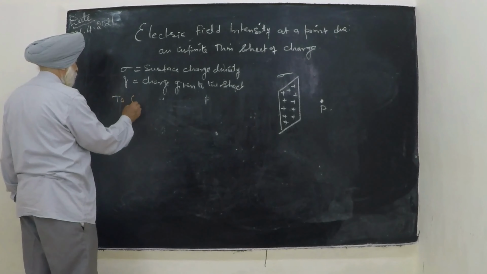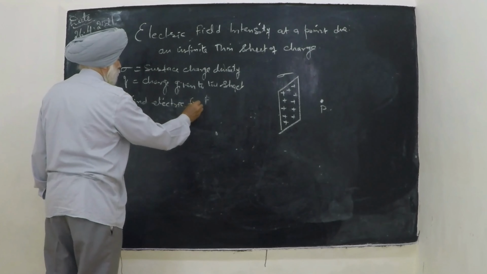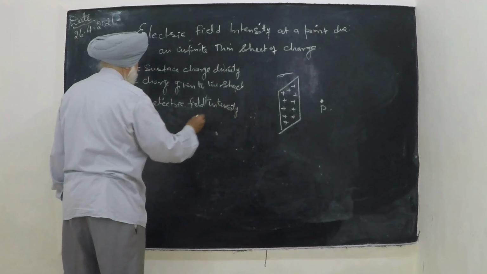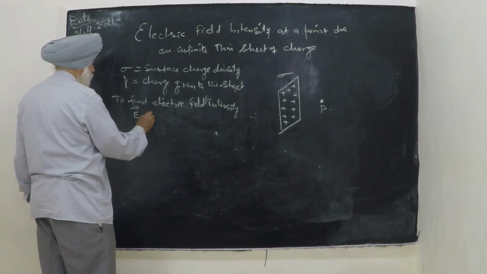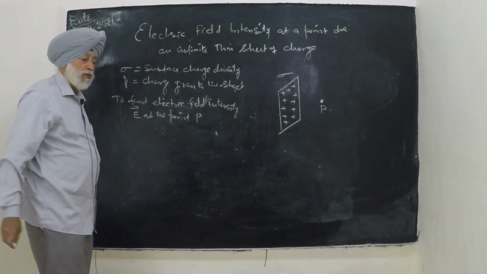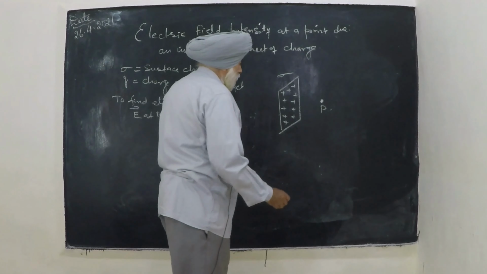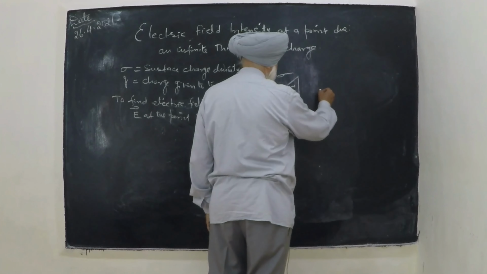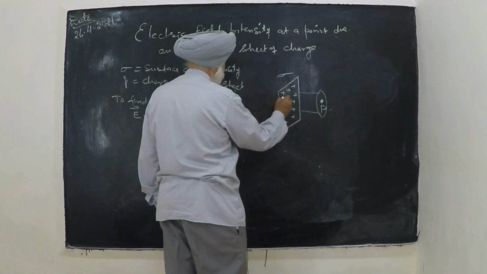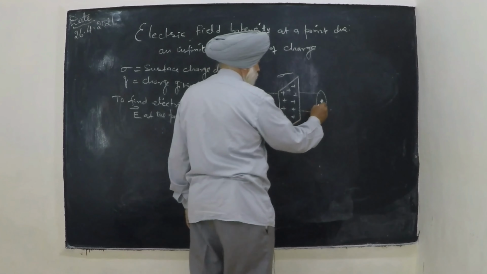To find electric field intensity E at the point P, as you have done in the previous lecture, draw a Gaussian surface through the point P. So the Gaussian surface, it is a cylinder.